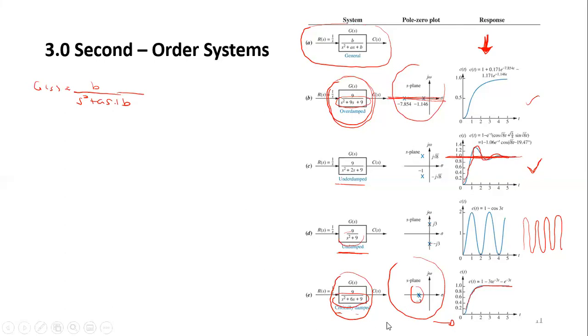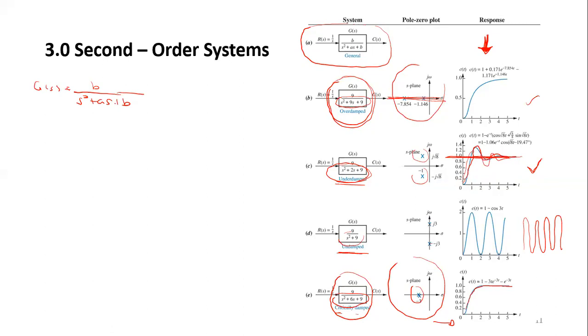Similarly, if you have an underdamped system, when you factorize the denominator, you get complex poles. You can predict that the output response will be underdamped.